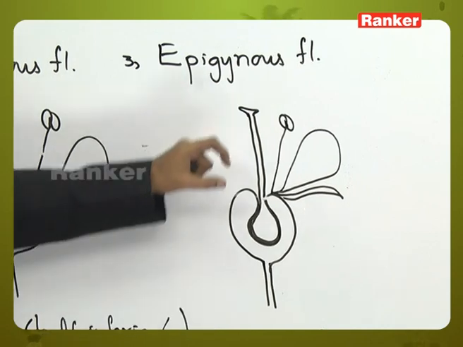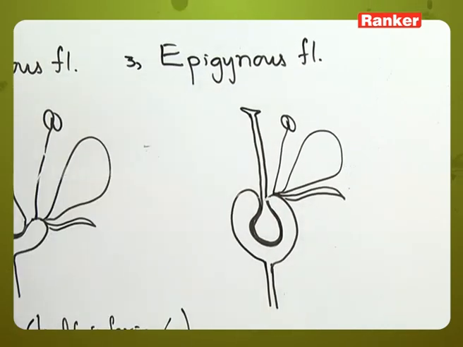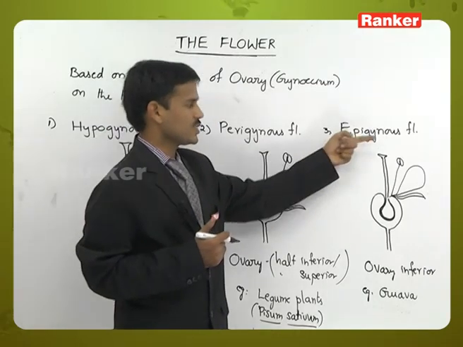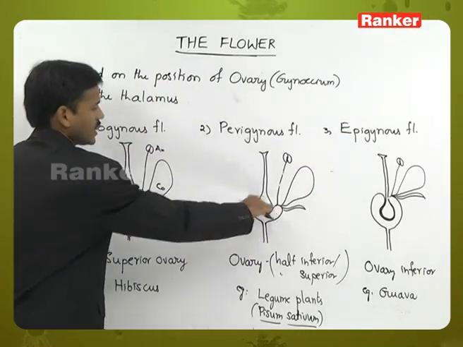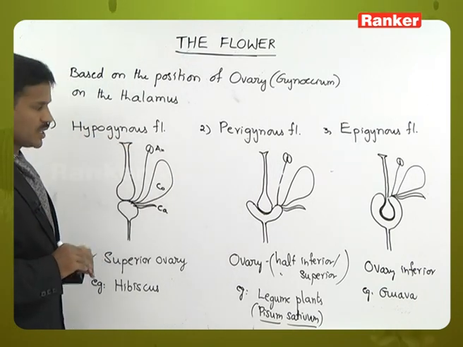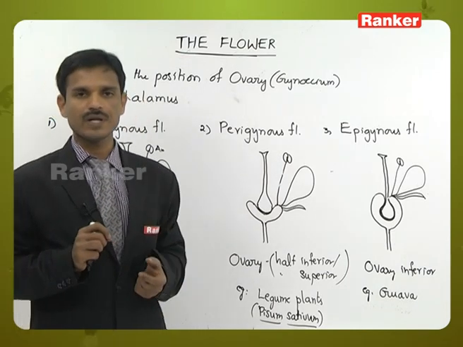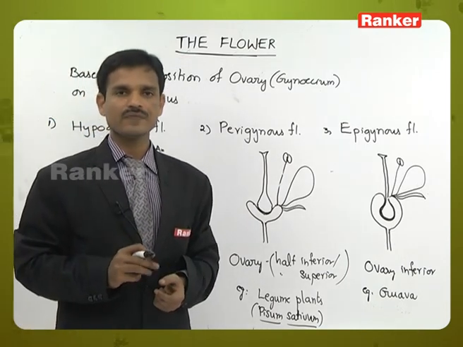In the epigynous flower, the floral parts are arranged above the ovary, above the gynoecium. And hypogynous, below the gynoecium. So based on the position of gynoecium or ovary on the thalamus, flowers are of three types.